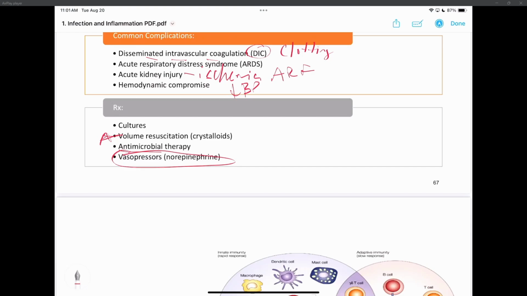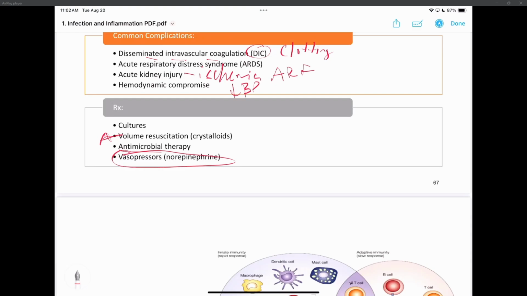Norepinephrine. Remember, what does norepinephrine bind to preferably? Alphas or betas? Alphas. And where are alphas located? The peripheral vascular system. So if you get norepinephrine out there, it's going to do what to those vessels? Constrict them.